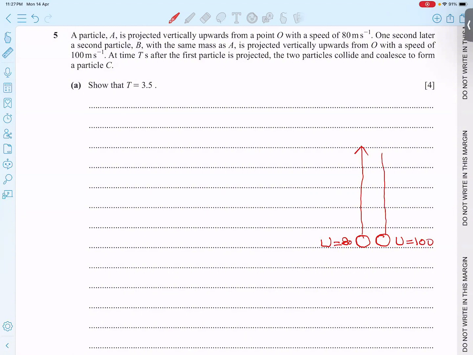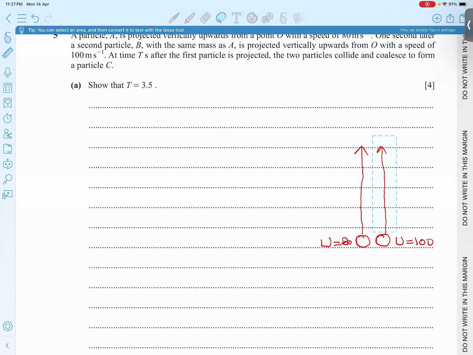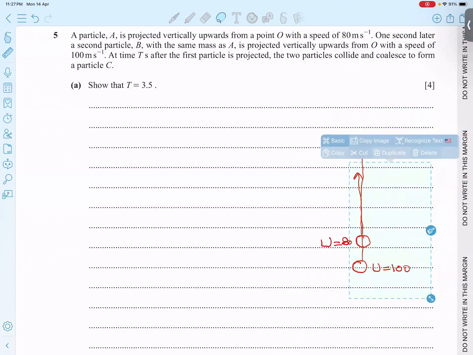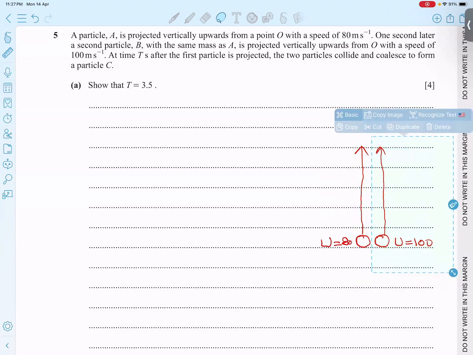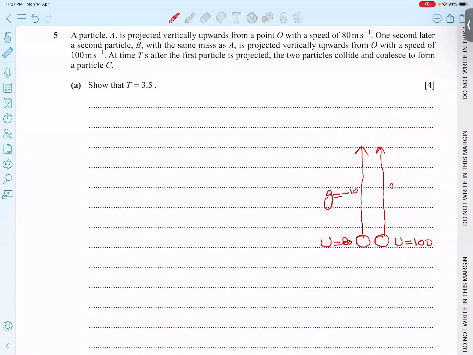They are not like this, I'm just giving an idea. They are traveling in the same line, actually. I'm just showing the concept temporarily. Going upwards, naturally gravity is -10 for both particles. And at that particular point they have the same height, because they collide according to the situation.